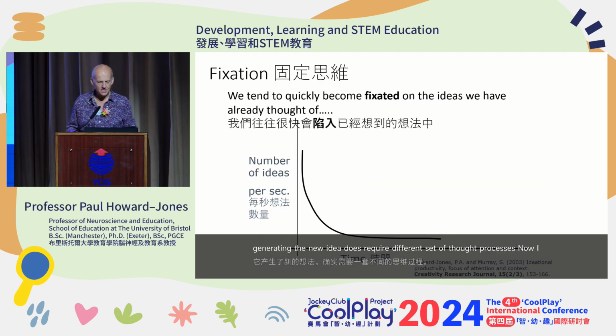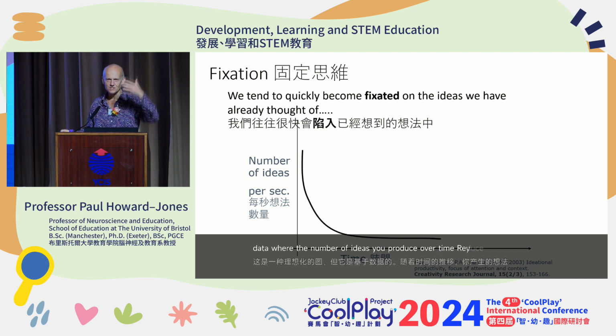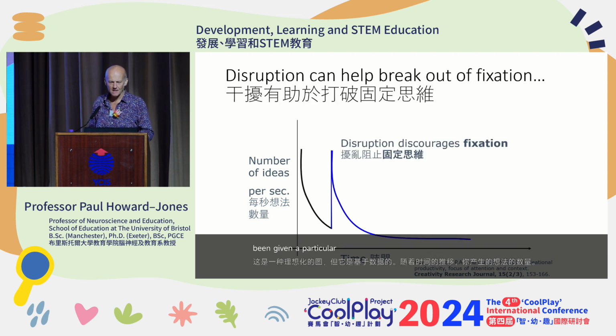Now, I mentioned fixation, and this is a graph, in a sort of idealized graph, but it's based on data, where the number of ideas you produce over time reduces once you've been given a particular task.